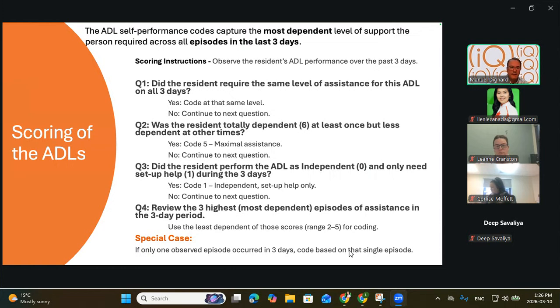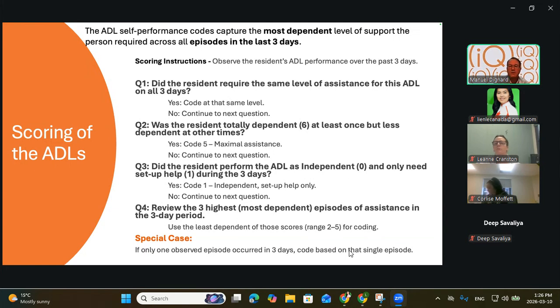So the self-performance, okay, again, we need to capture the most dependent level, right? Okay, over the last 3 days. So usually it's all documented in the point of care.